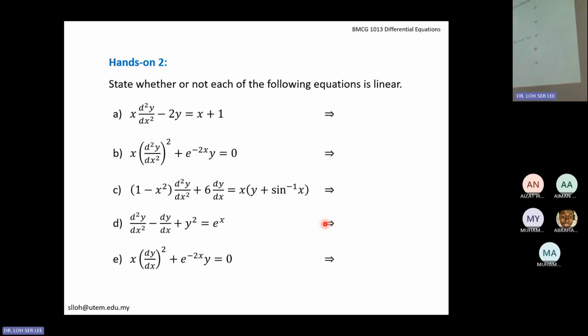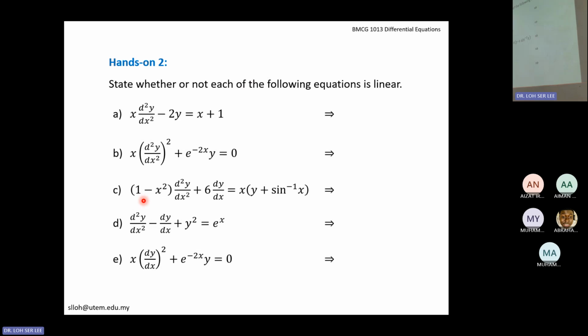Now we go back to the hands-on number 2 equations. A, homo or non-homo? Non-homo. You don't see the y here, right? B, homo. There's a y here, there's a y here. Y is the dependent variable.